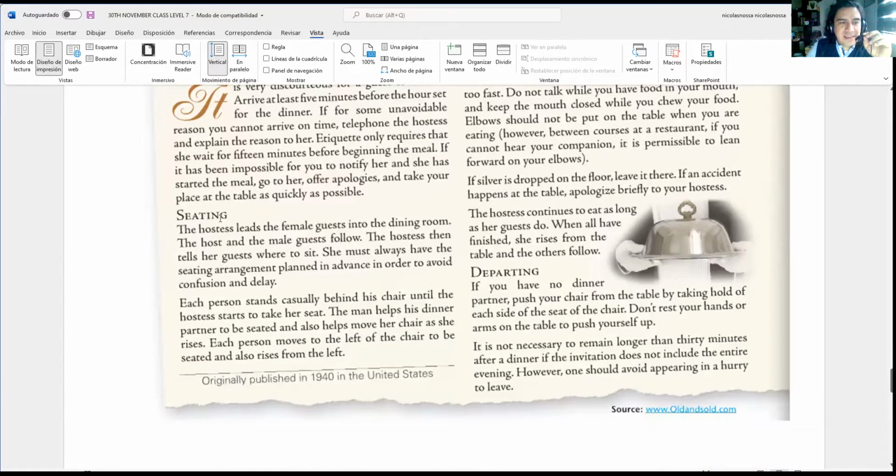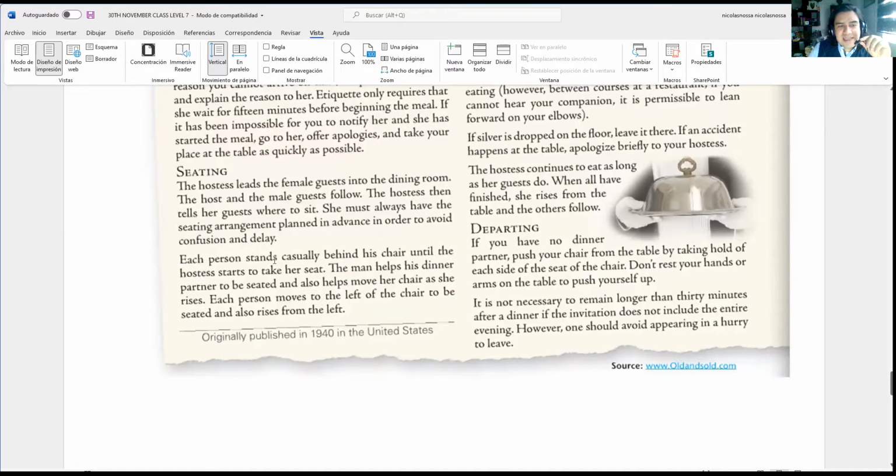Sitting. The hostess leads the female guest into the dining room. The host and the male guests follow. The hostess then tells her guests where to sit. She must always have the seating arrangement plan in advance in order to avoid confusion and delay.